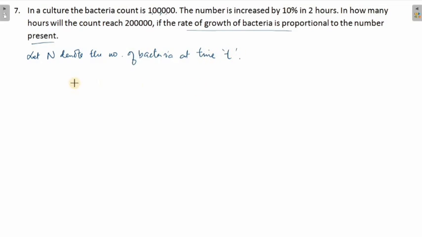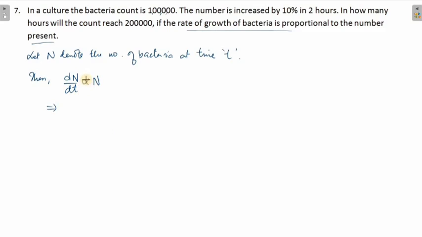Then it is given that dn by dt, the rate of change of bacteria with respect to time, is proportional to the number of bacteria present. Proportional means you write this sign, the sign of proportionality. The number of bacteria present is n. You might have done all this in Boyle's law and Charles' law.